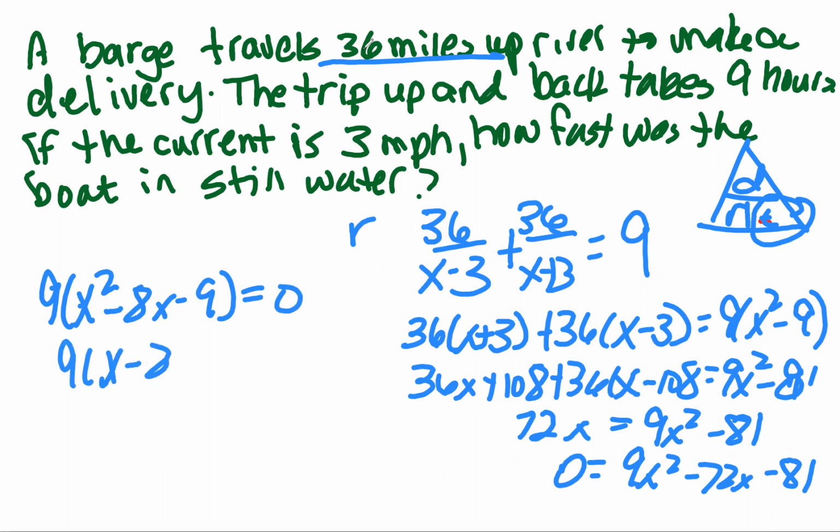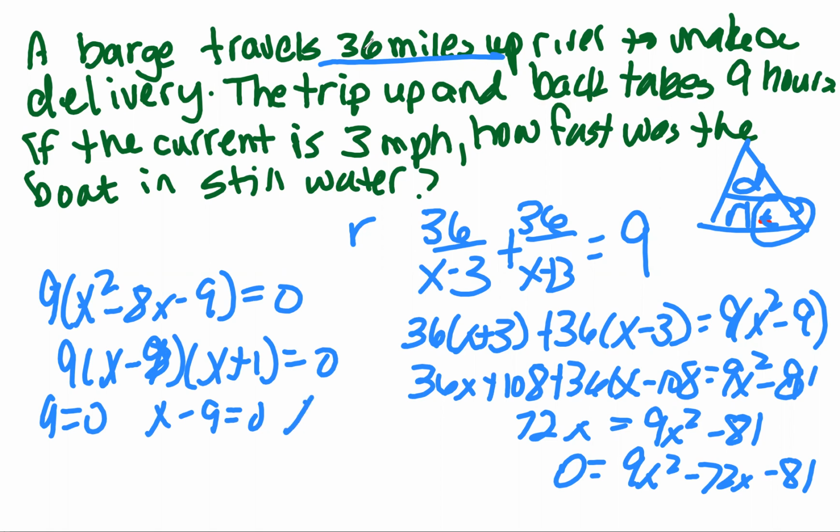So x minus 9 times x plus 1. And I can do 9 equals 0, x minus 9 equals 0, x plus 1 equals 0. 9 does not equal 0. x equals 9, x equals negative 1.